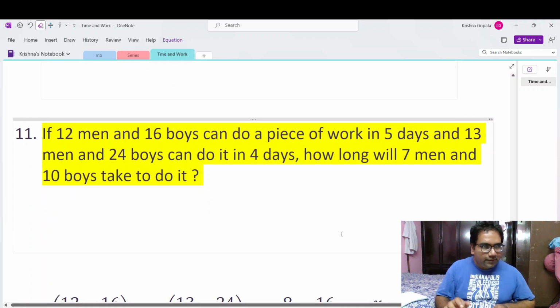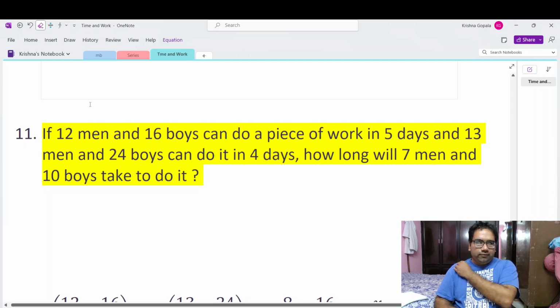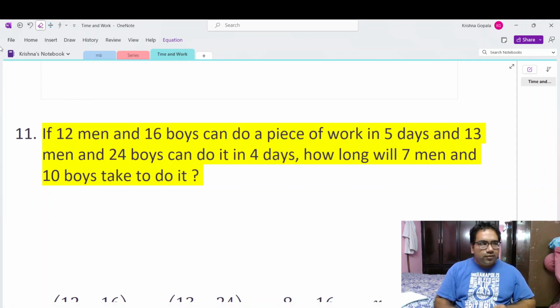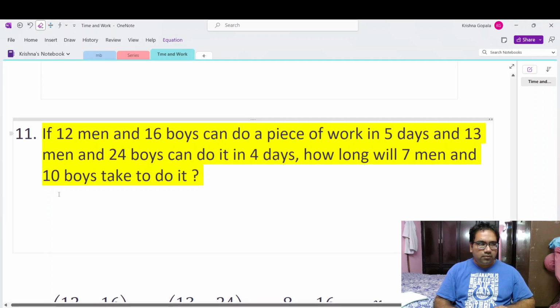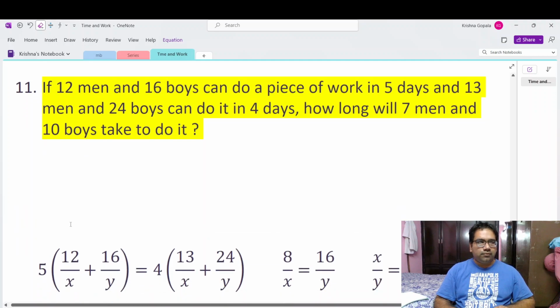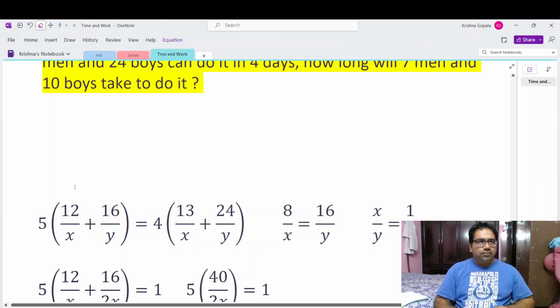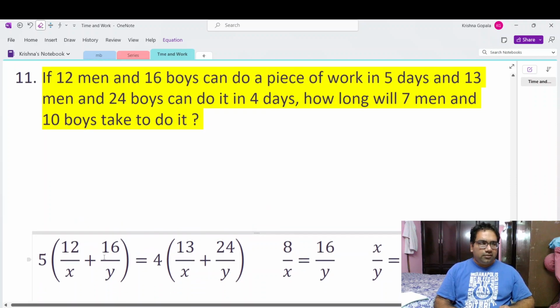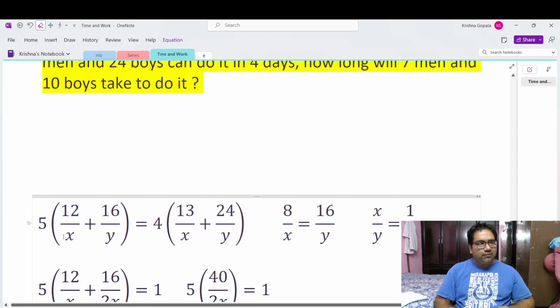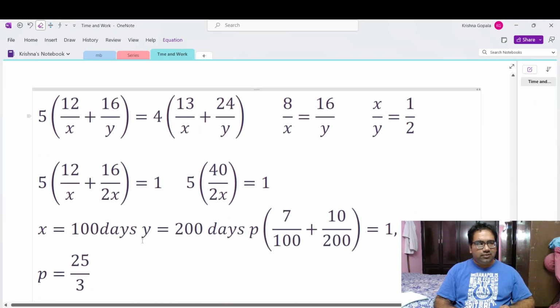Okay, sorry guys, 12 men and 16 boys can do a piece of work in 5 days. Okay, so now 12 into 1 by x. We are assuming x days it will take for one man. And 16 by y, that we had discussed: 5 into 12 by x plus 16 by y is equal to 1.